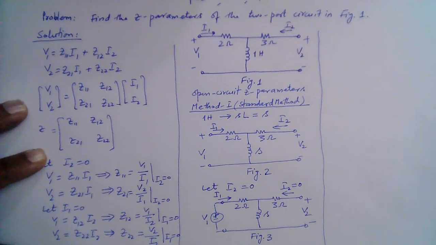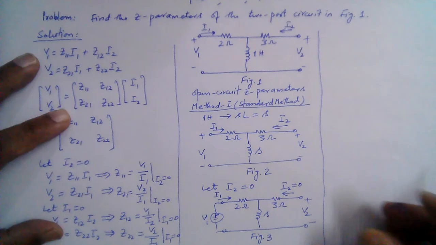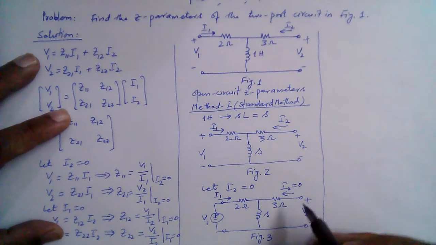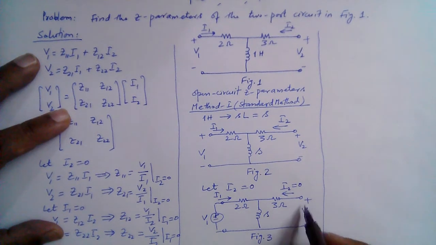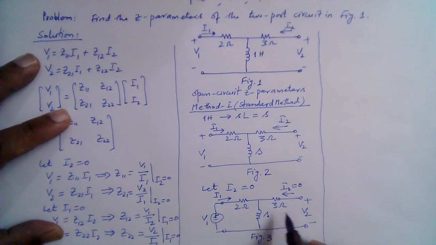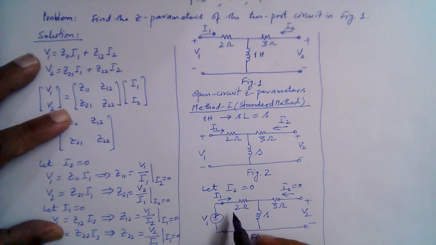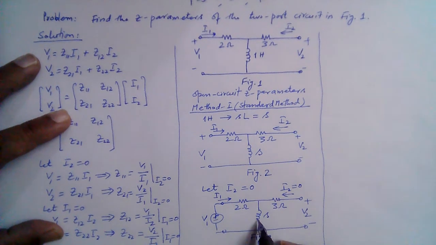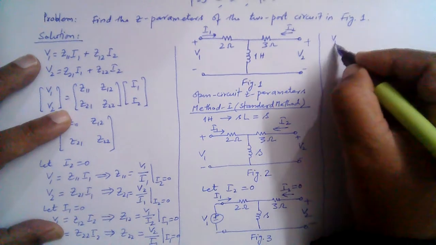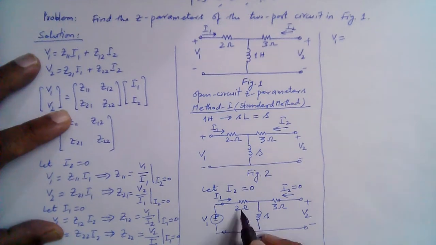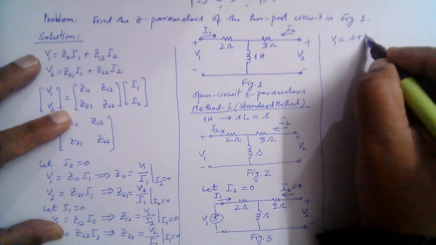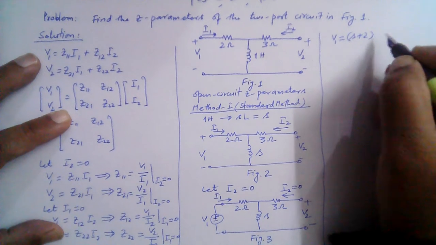Now I2 is equal to 0, this port is open, so there is no current flowing in here. So the 2 ohm and this inductor S are in series. So we can write V1 is equal to S plus 2, these are in series, into I1.